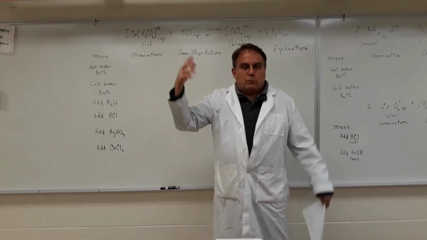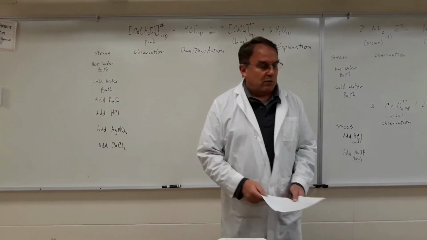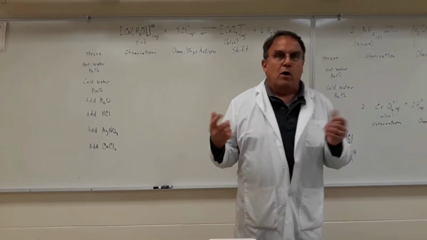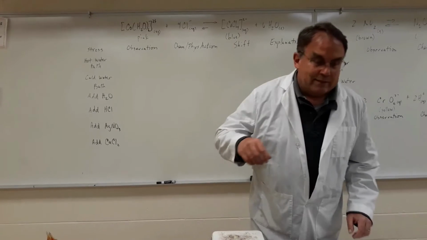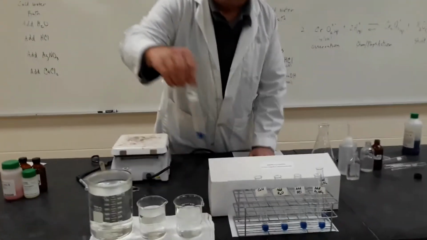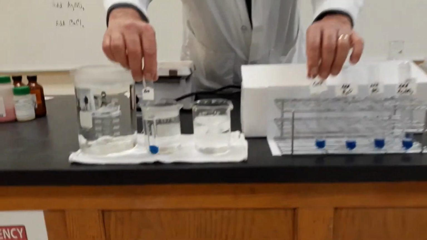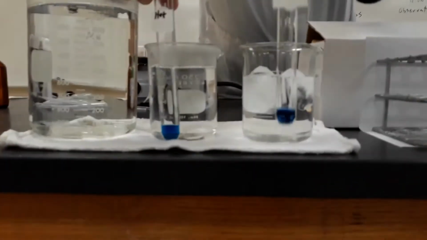So we'll shift it. We'll do all kinds of things. The first thing we're going to try to do is figure out whether this equilibrium is endo or exothermic. So we're going to take these two solutions and put one in a hot water bath and one in a cold water bath.